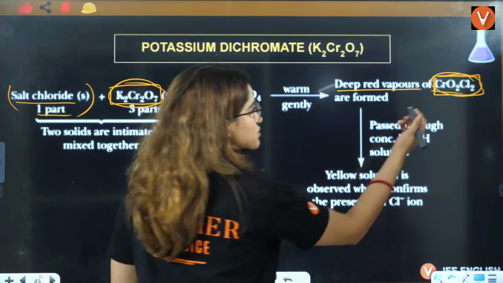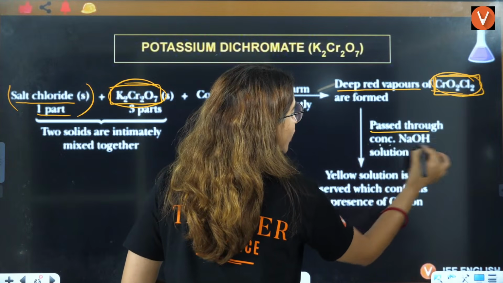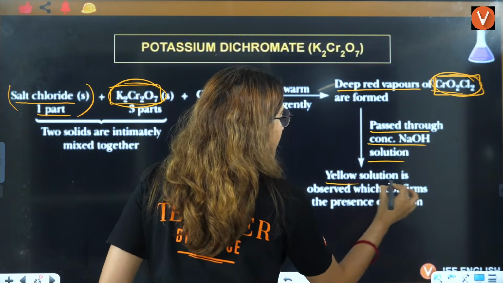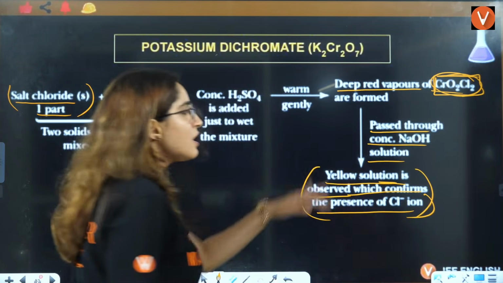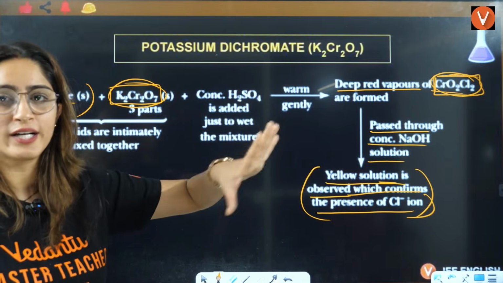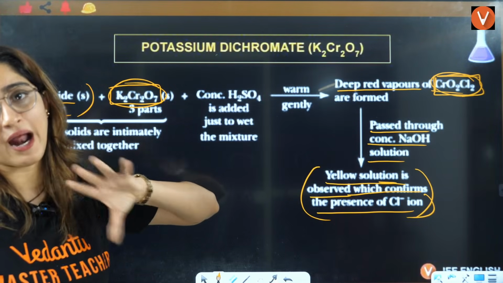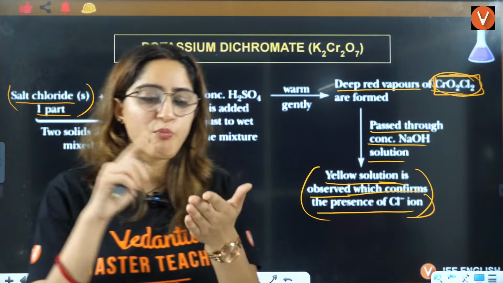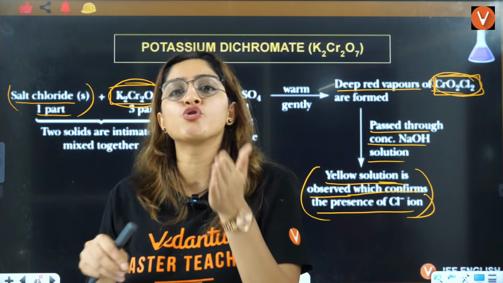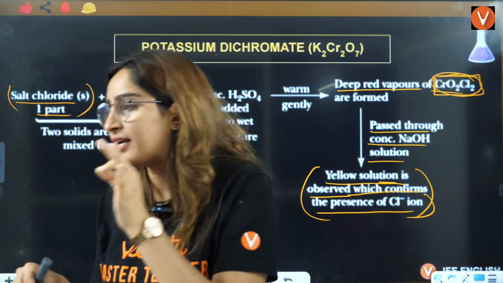Further, if it is passed through concentrated NaOH solution, a yellow solution is observed, which confirms the presence of Cl negative. This all we will study in qualitative analysis, that is practical chemistry as well. But for now, just remember that potassium dichromate is also used in the chromyl chloride test.